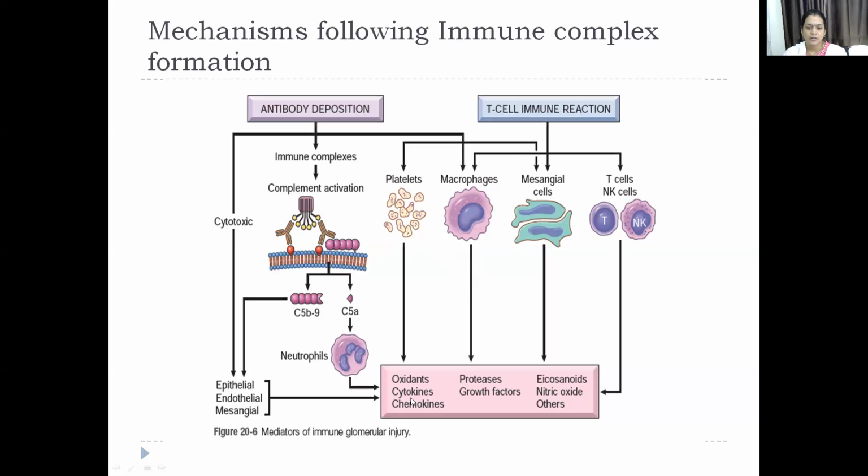So we have oxidants, cytokines, chemokines, proteases, and growth factors always getting released. Then there is activation of C5a, which recruits more neutrophils. And then there is cytotoxic activity, which again recruits the epithelial, endothelial, and mesangial cells.